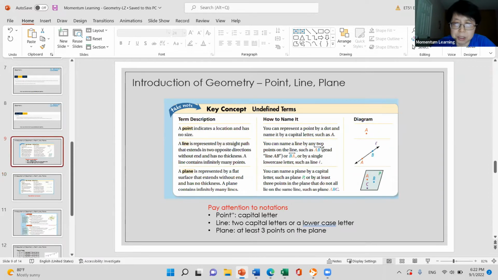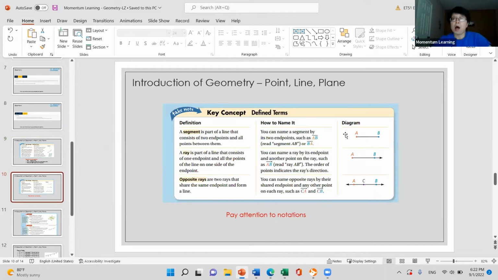You see the line has arrows here, but the segment does not have. This segment has no direction, right? So if you say segment AB and segment BA, you are talking about the same segment.